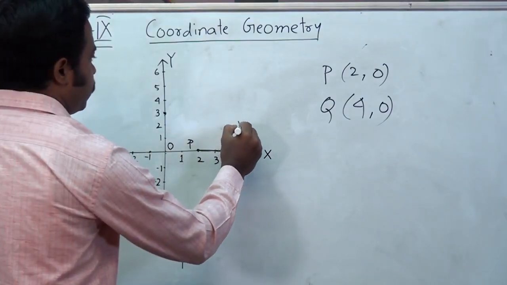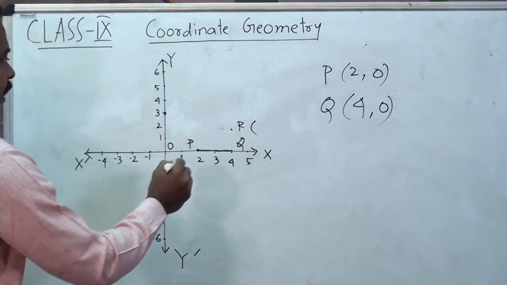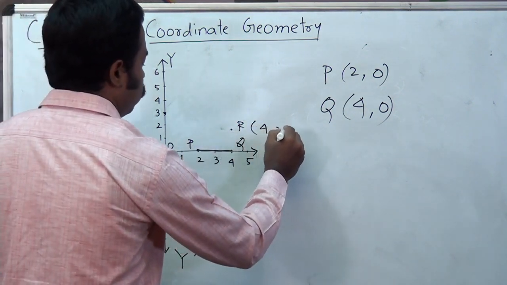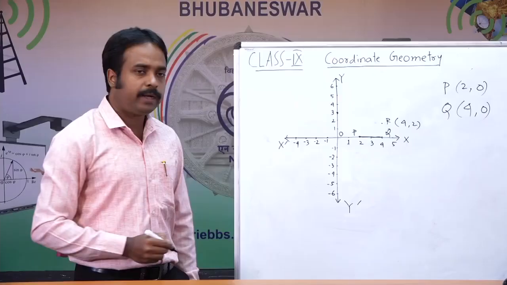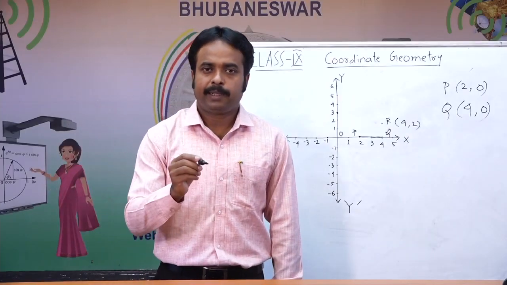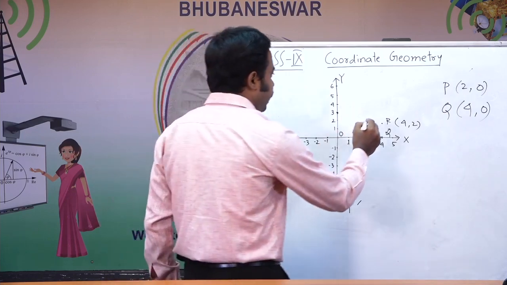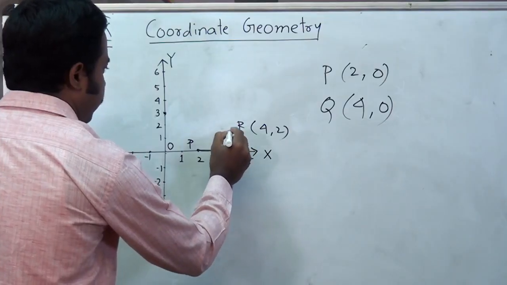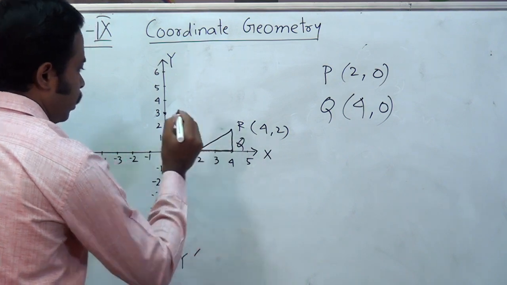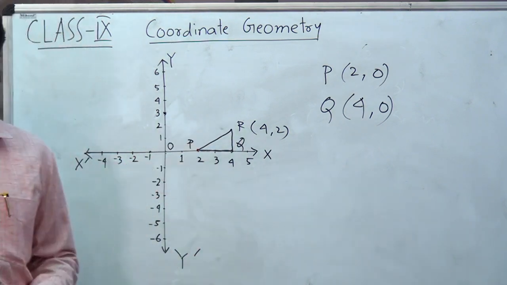The coordinates of R are 4, 2. If you take R as this point and complete this diagram, then we are getting a right triangle.